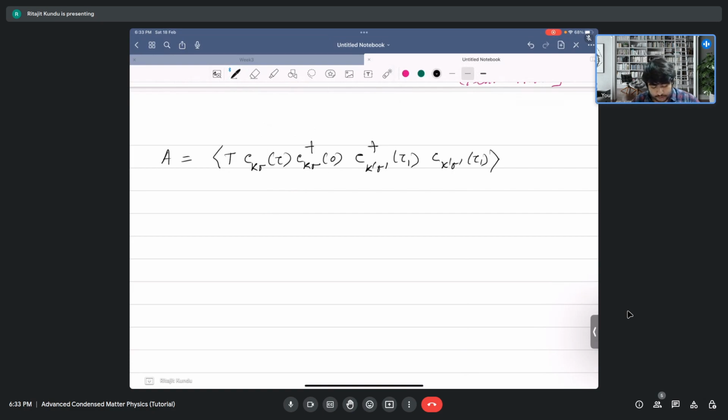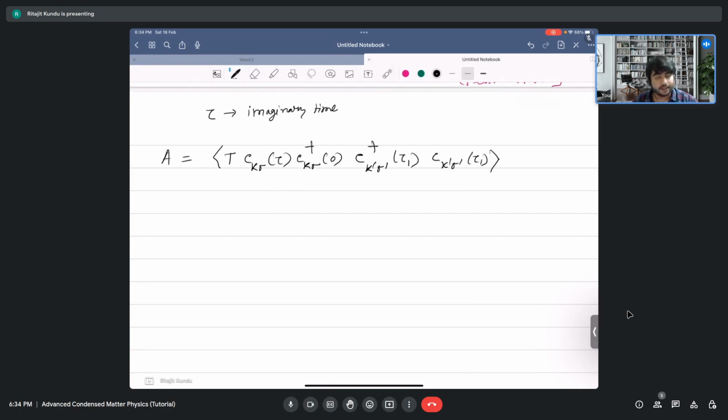Here, the tau is an imaginary time. If you have not learned the imaginary time Green's function yet, you will probably learn it in week 5's lectures, but I'll talk about imaginary times probably next week. Let's say these are some creation and annihilation operators in imaginary time. In imaginary time some calculations become very simple, but this is just a mathematical way of writing things.